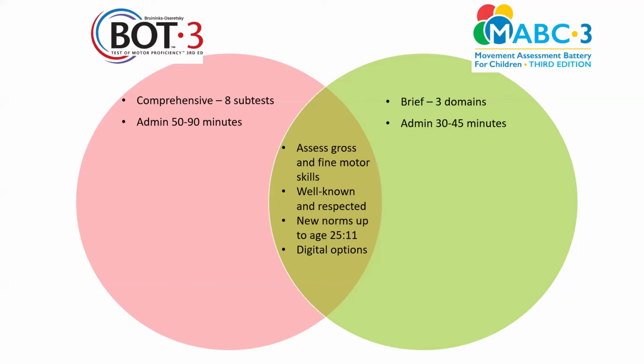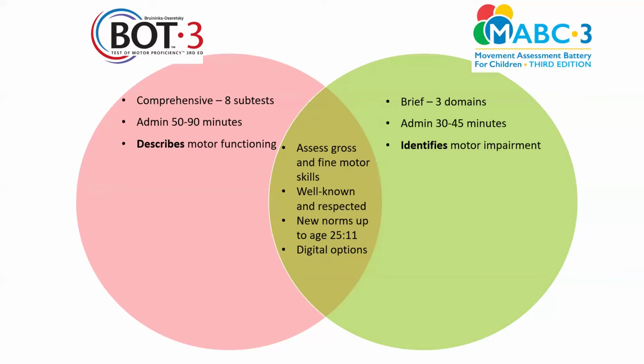That's really worth considering when you think about not only the time you have available to conduct evaluations, but also your examinee's level of tolerance for testing. If you have young children, or students on your caseload who perhaps have difficulties with attention or intellectual disabilities or significant receptive language issues, or maybe you need to use an interpreter, then perhaps the Movement ABC-3 allows you to get your whole test done in a shorter space of time.